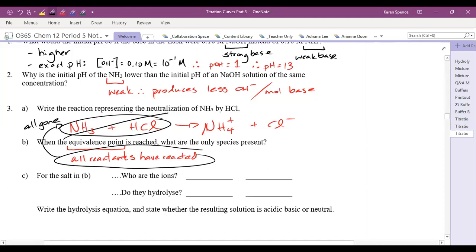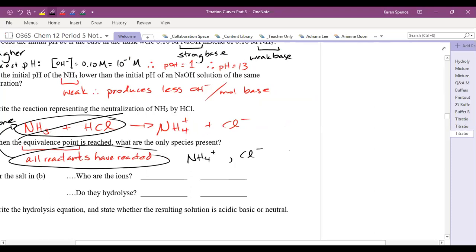The only things that we are left with then are the NH4 plus and the Cl minus. And so our salt would actually be NH4Cl if we wanted to write it together. So who are the ions? We have NH4 plus and we have Cl minus.